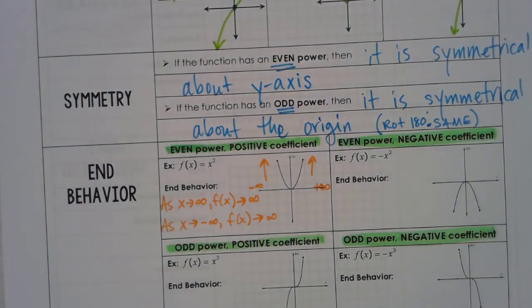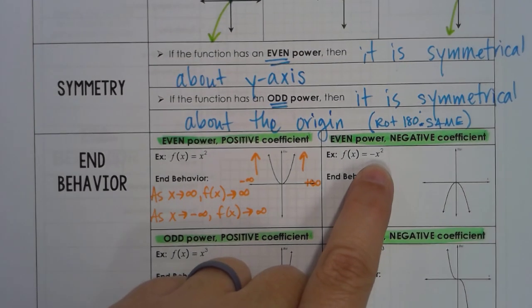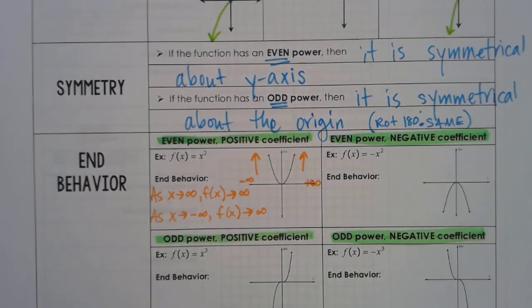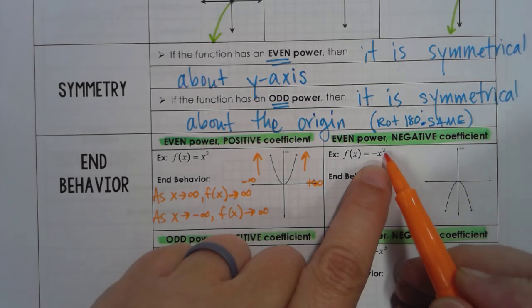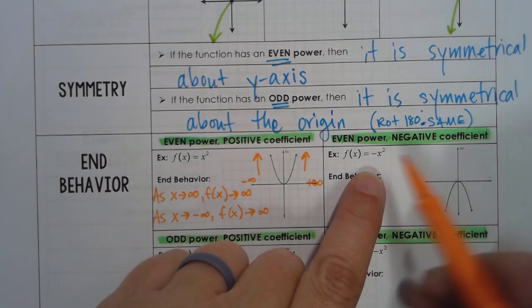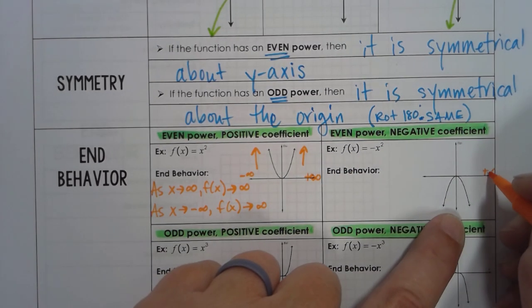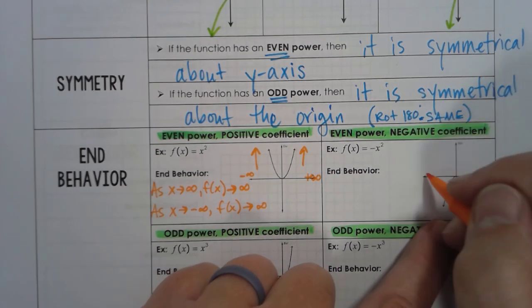Raise your arms like that. Positive x squared, even power. If it has a negative value in front of it, it flips our parabola upside down, right? It still has an even power, but it has a negative in front of it. So now, as my x's get bigger towards positive infinity, our function is going down.